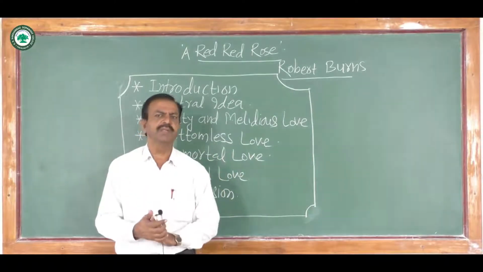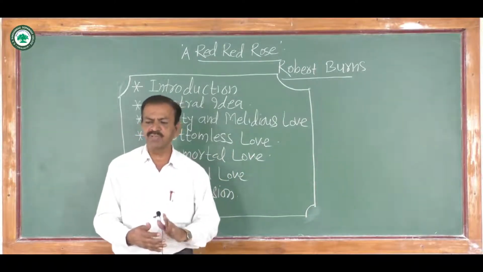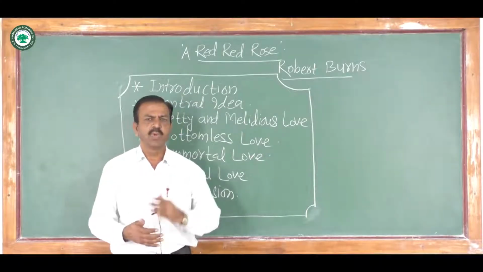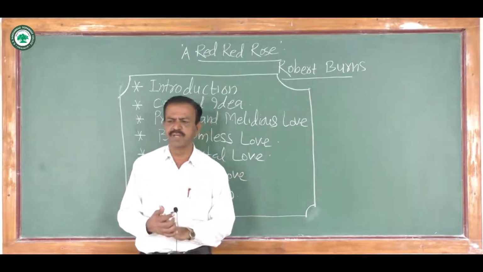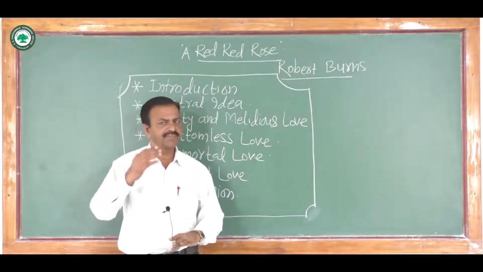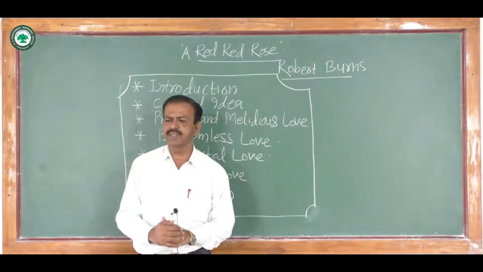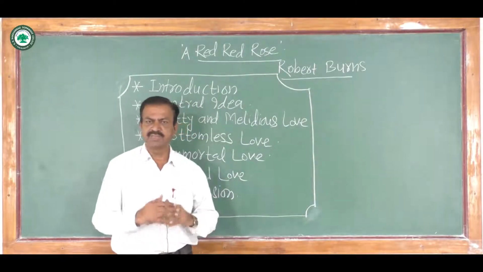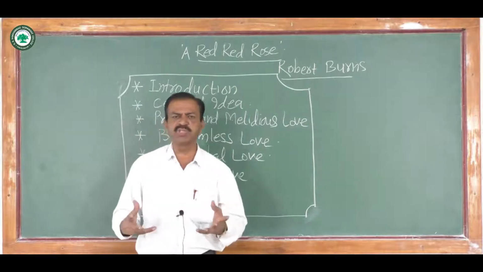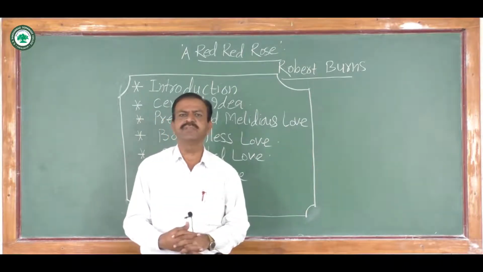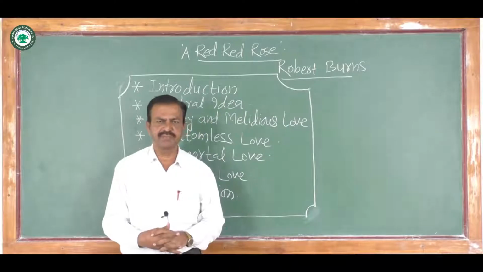So this poem is also not an exception to it. When we study his different poems, we'll find that the farm life in Scotland, the class and the religious distinctions are described in his poems.